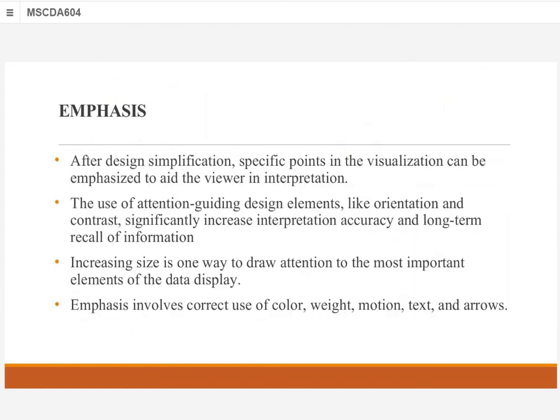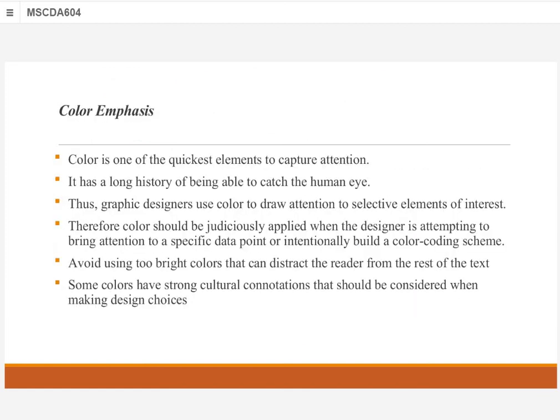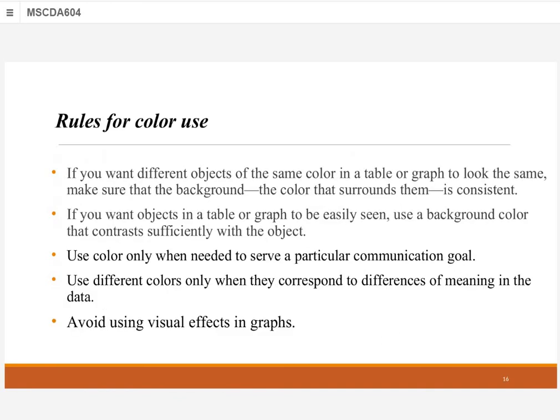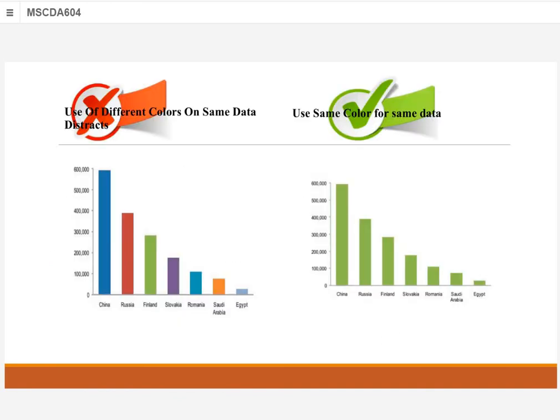Then we have emphasis. Now emphasis, we have talked about color, weight, etc. If we use different colors on the same data, it distracts. Okay, this is color emphasis.